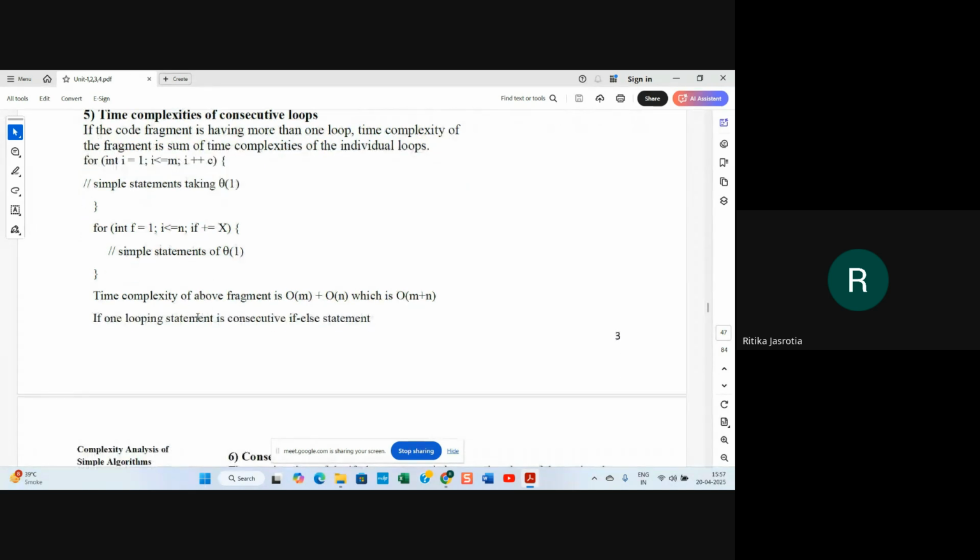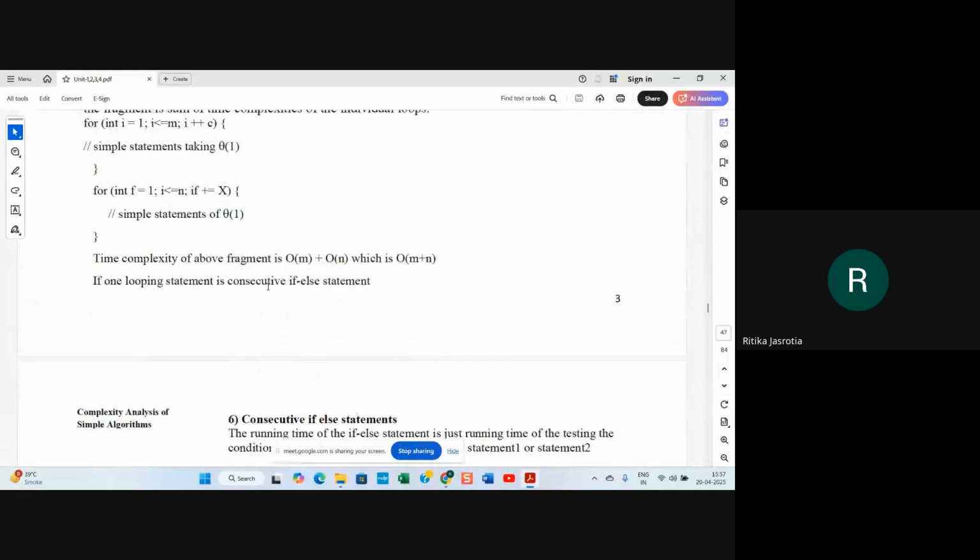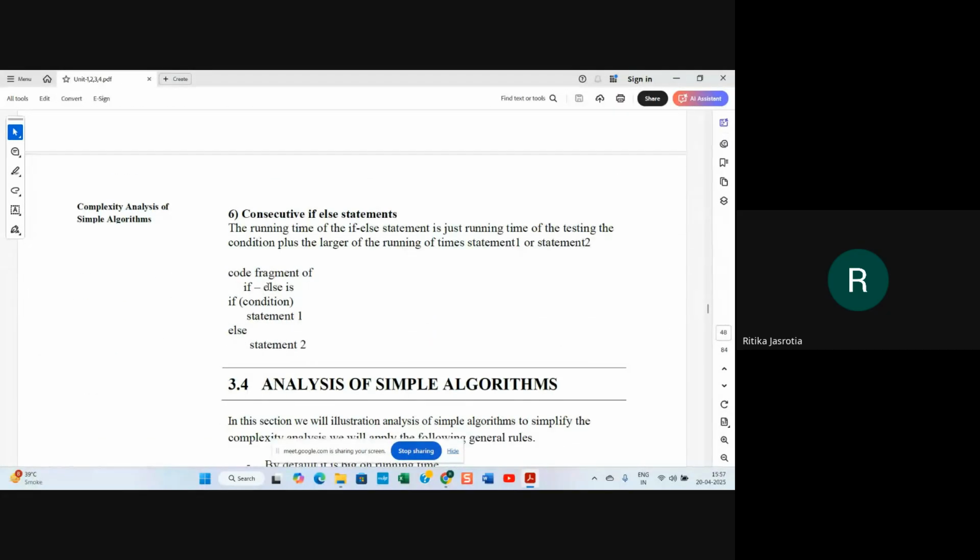If there is a consecutive if-else statement, that can also be considered. The running time of an if-else statement is just the running time of testing the condition plus the larger of the running times of statement 1 or statement 2.